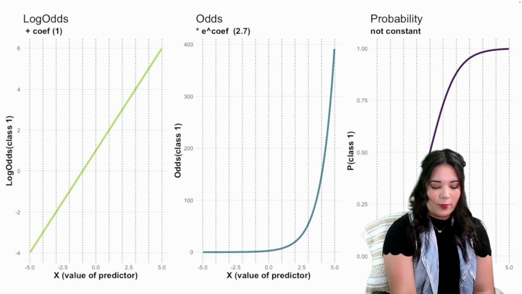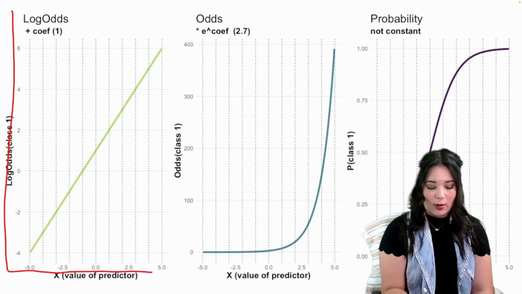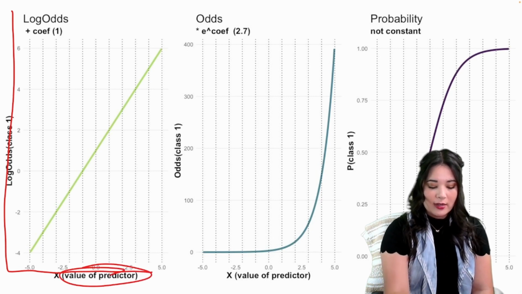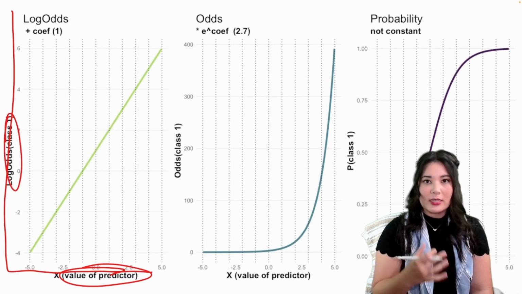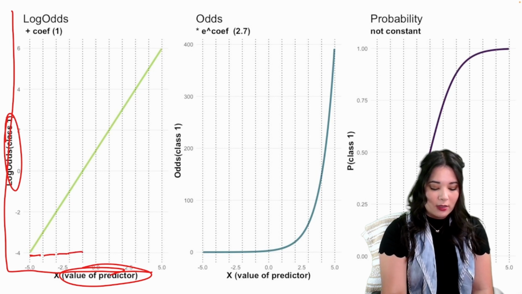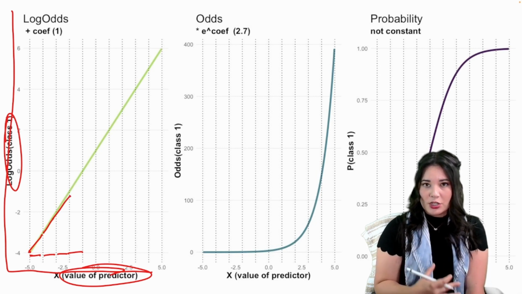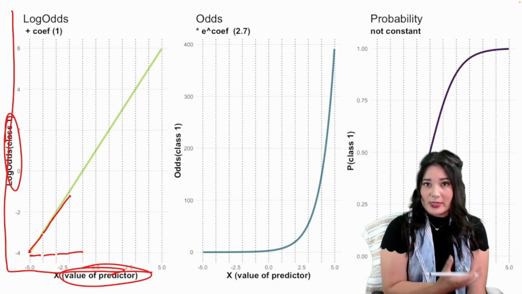The first one, if we look at the log odds graph, is that the relationship between our predictor x and our log odds is constant. Anytime we increase our predictor value by 1, the predicted log odds increase by the same amount. So there is a constant value that represents the relationship between our predictor and our predicted log odds.